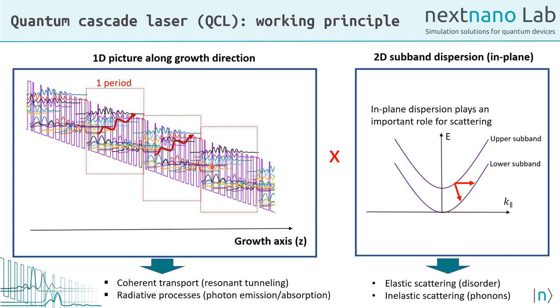So if we look at two particular states here, they are in fact attached to a sub-band dispersion, that is the dispersion in the plane where they are free to move. And importantly, a given carrier can scatter from one state to another by either elastic scattering, that is conserving energy, or by inelastic scattering by means of, in particular, phonons.